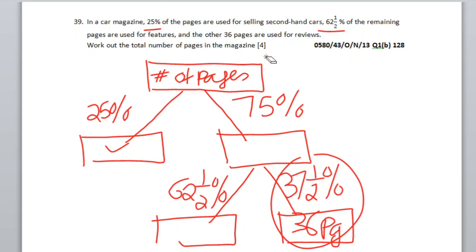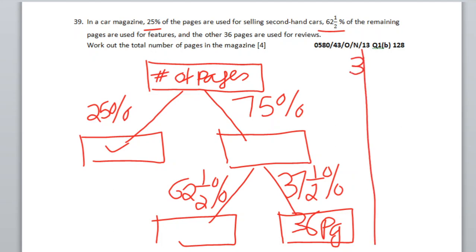How do we do that? We know 37.5% represents 36 pages. Then 62.5% will represent how many pages? Cross multiply.